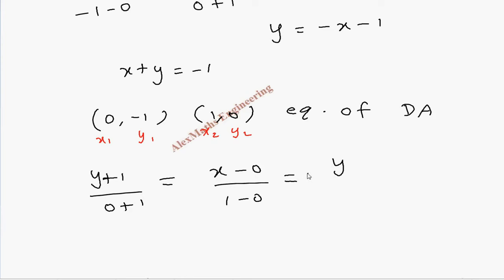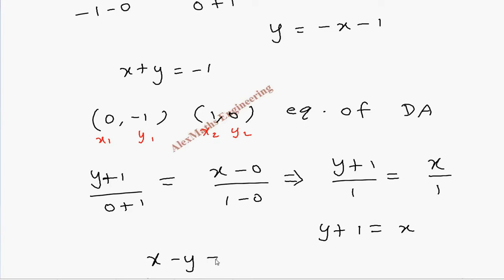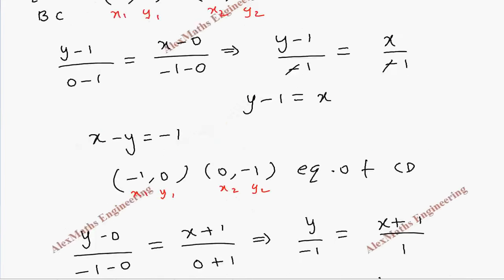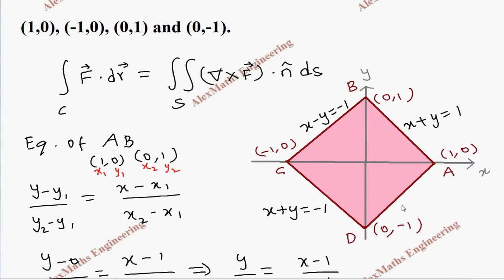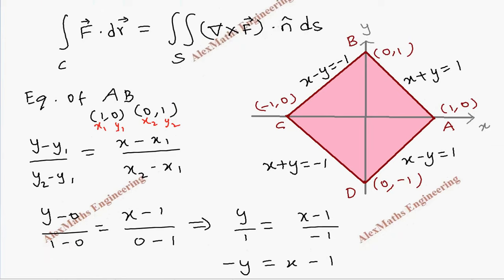So finally this is (y plus 1) by 1 equal to x by 1. On cross multiplication, y plus 1 is equal to x. So x minus y equal to 1. So we got the equations for all the 4 boundaries.